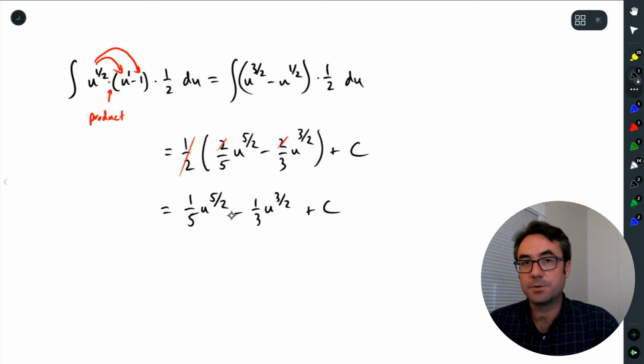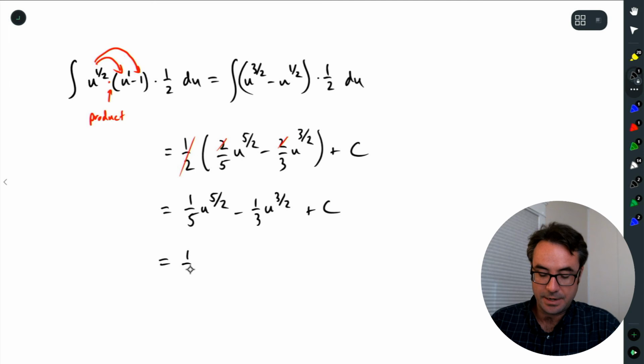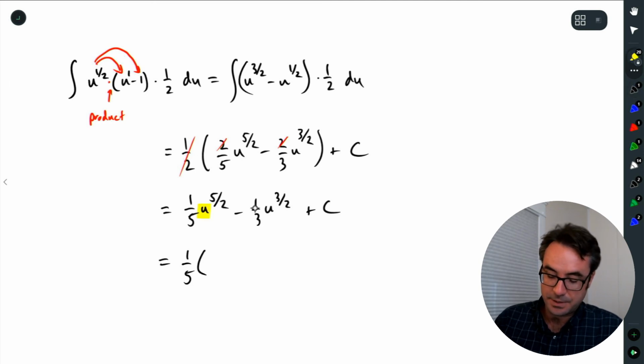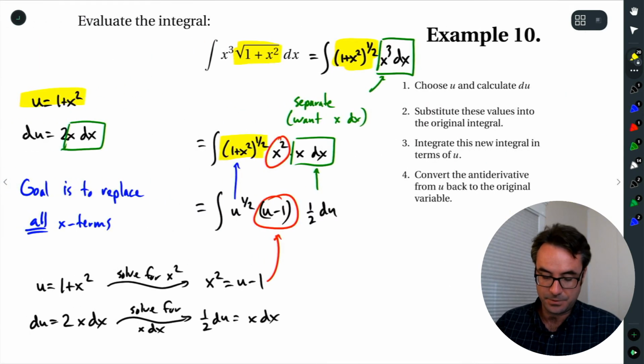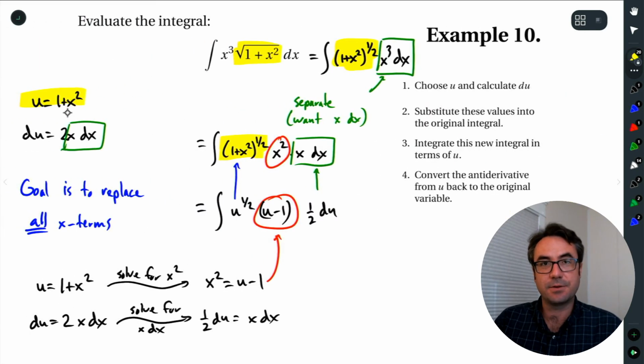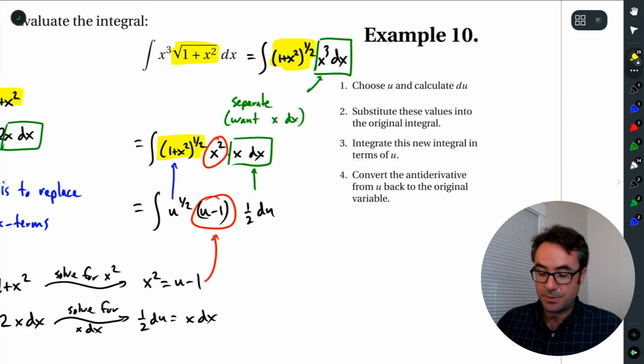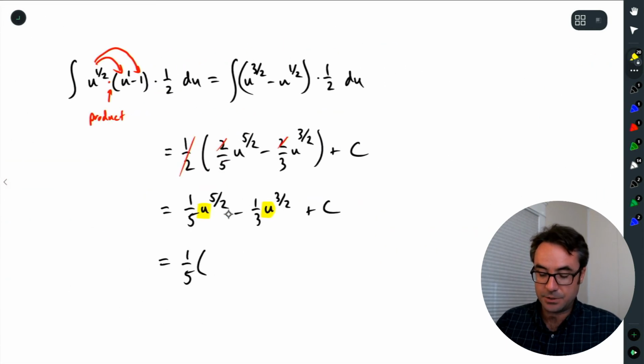And we're almost there. We're done integrating. Last step is just convert back to x. So we're going to end up with 1 over 5. And then what was u? What did we say u was? I forgot already. What was u? 1 plus x squared. So going back, we're going to switch each of those u's that we have. We're going to switch each of these to a 1 plus x squared.